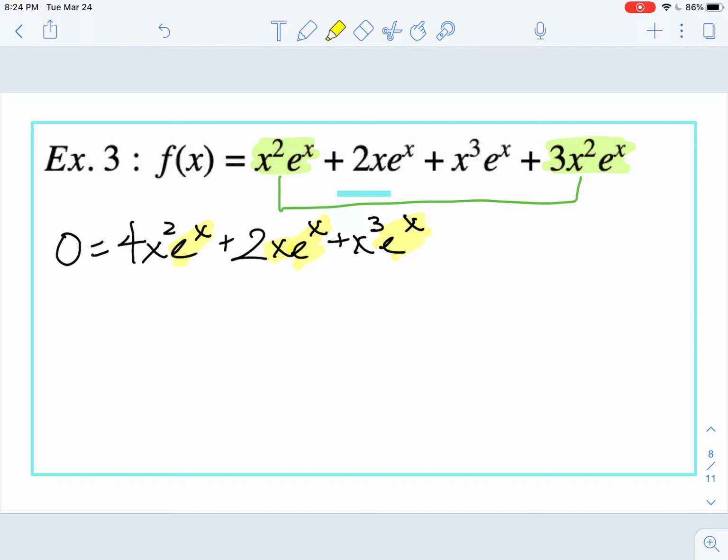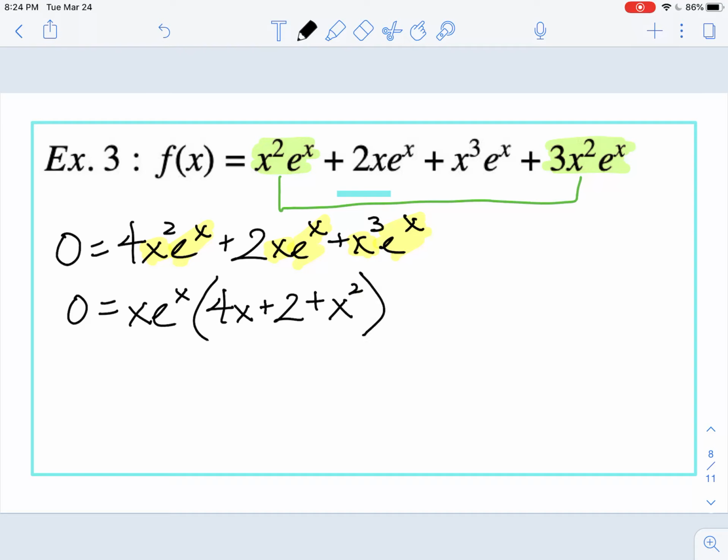I notice that each of them has an x, so I can take 1 from here and 1 from here. So I took out an x, I took out e to the x, and everything else stays in there. So the first term has 4x, plus the second term has 2, plus the third term has x squared.